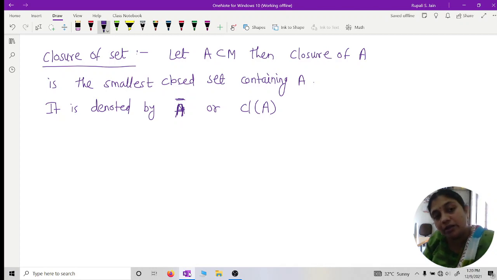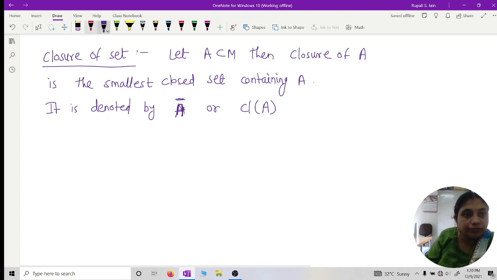What is interior of a set? It is the largest open set contained in A. Here we can write what is the relation between A interior and A closure.